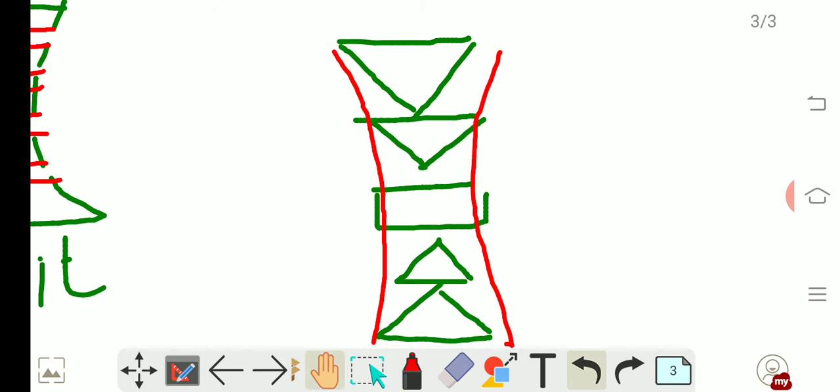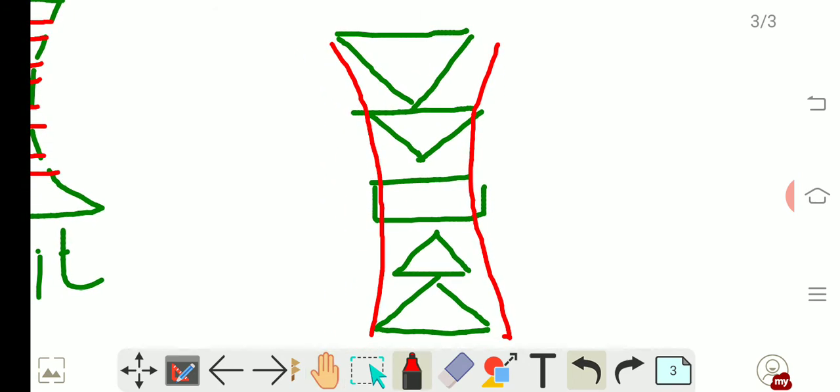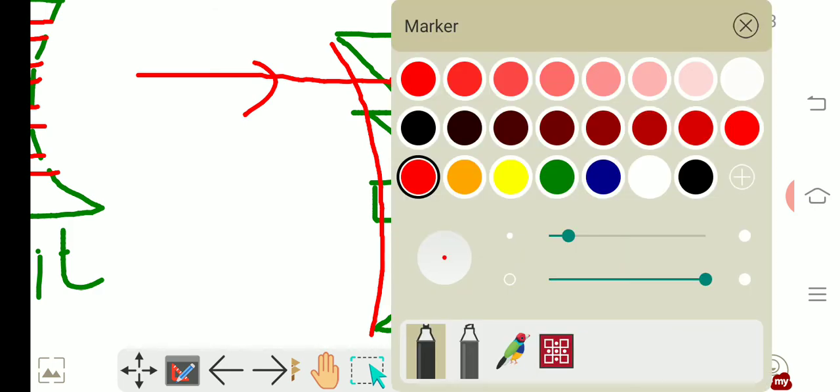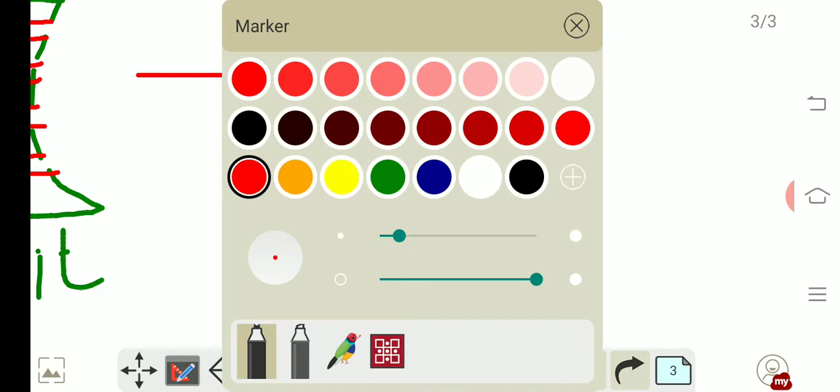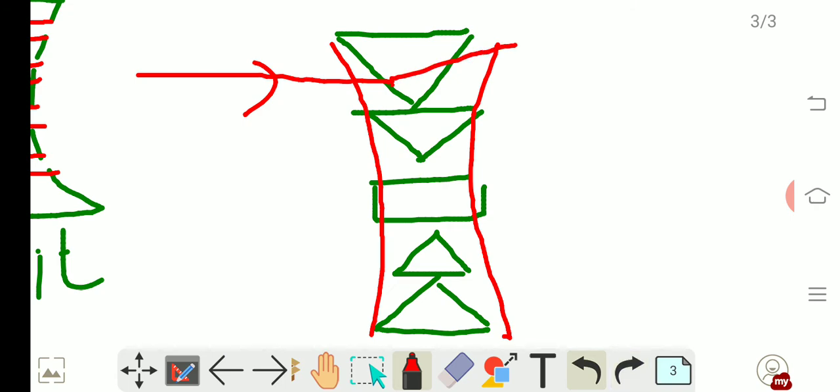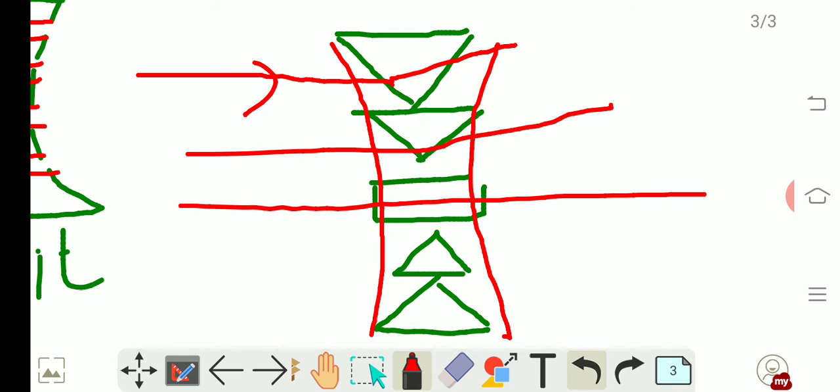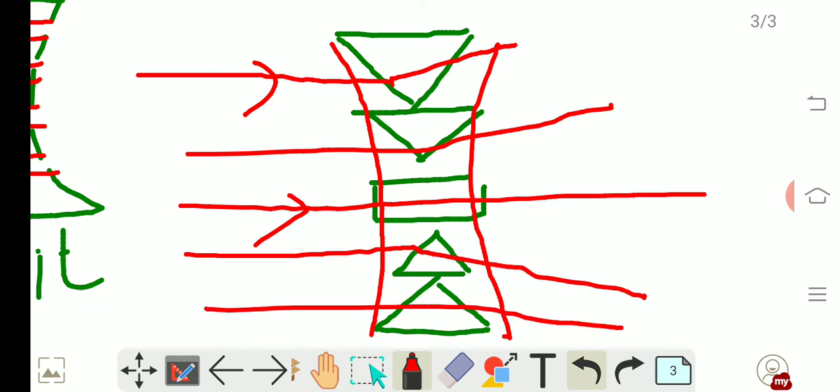Whenever the light rays fall, they deviate towards the base. This one is undeviated, the central principal axis. This one deviates towards the base, and this one deviates towards the base. That's why the light rays are diverged in the case of a concave lens.